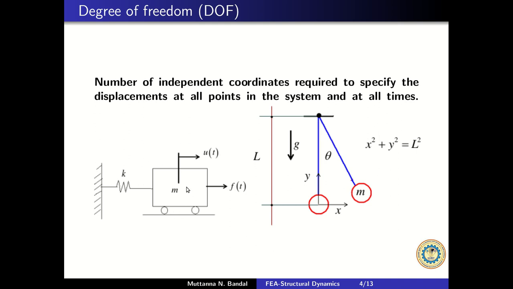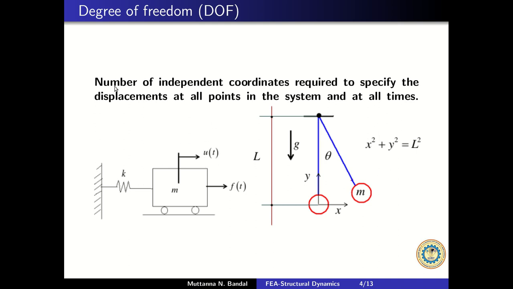Here there is a mass m attached to a spring, and the other end of the spring is constrained in all directions. Under the external force F of t, which refers to a force that varies with time, this mass will move back and forth, whose displacement is given by u of t.